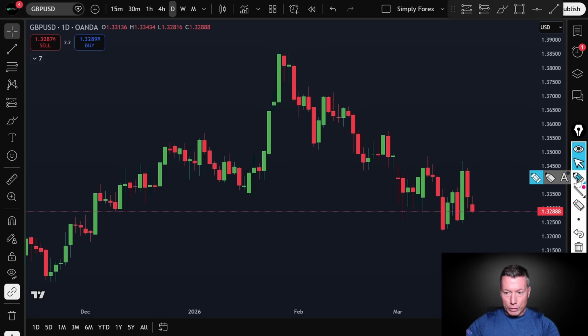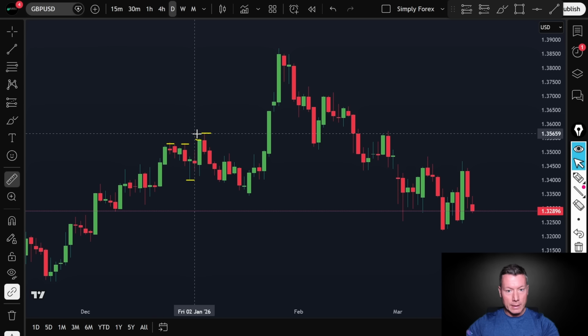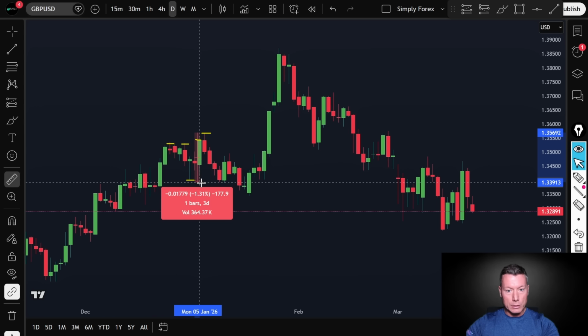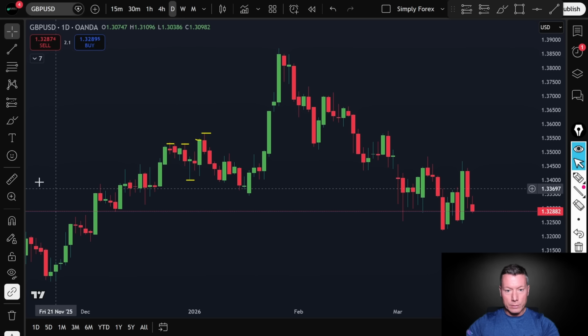Now, this is interesting, guys, and important to point out that this did break those highs. So this is the last swing high, that's the last swing low. Again, there's your TP, we're in an uptrend, stop loss a little bit below. Let's do that one again, guys.